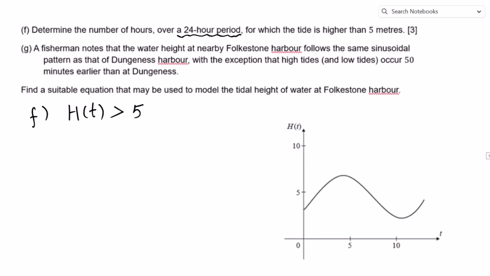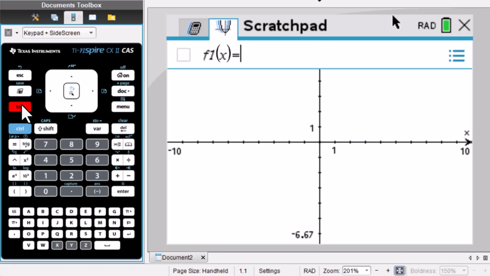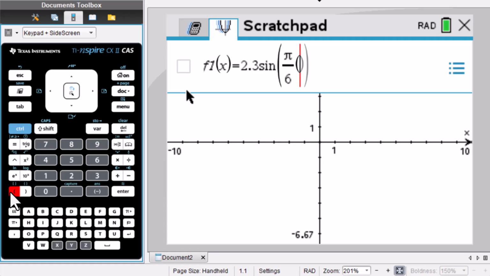Let's go to calculator. Type in the function. While you type in the function, make sure the variable you need to change into x. In other words, here is x minus 1.5 instead of t minus 1.5.